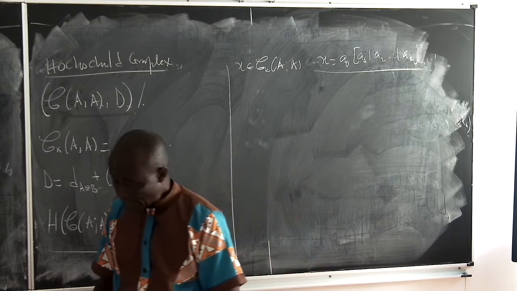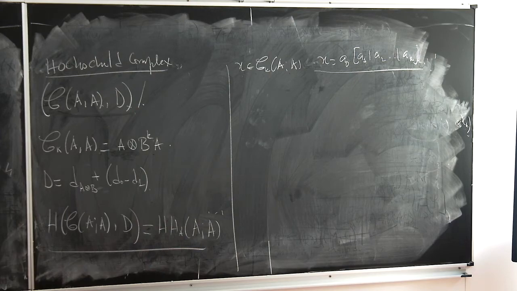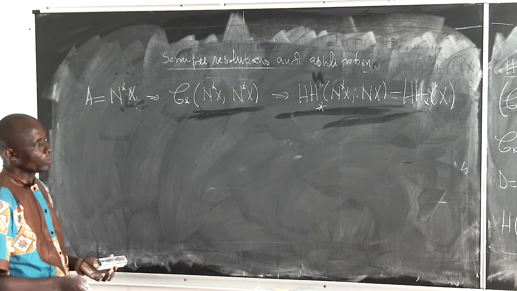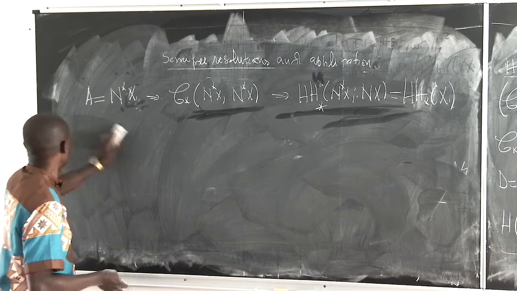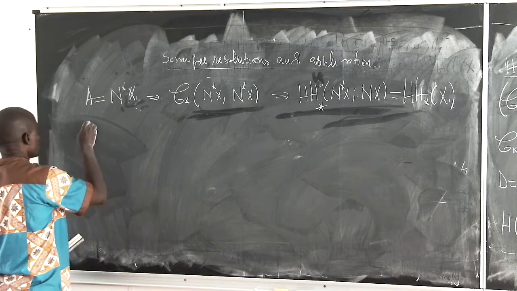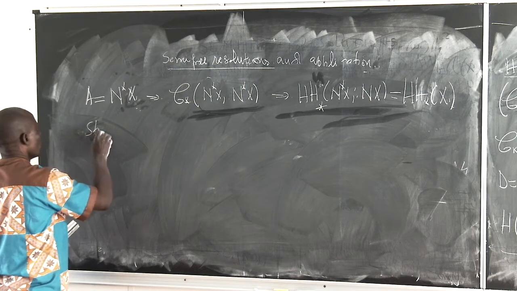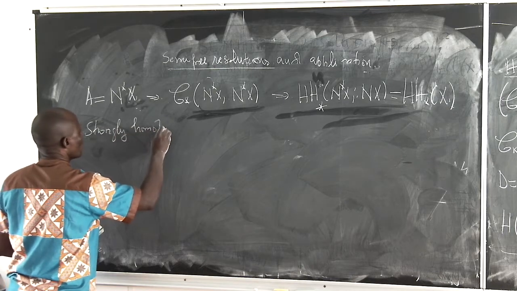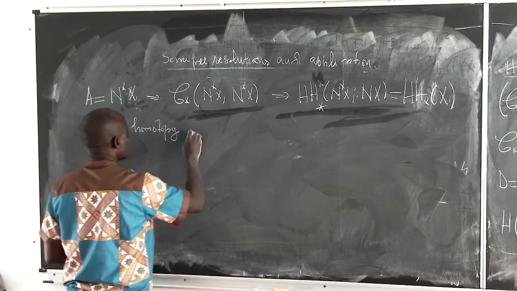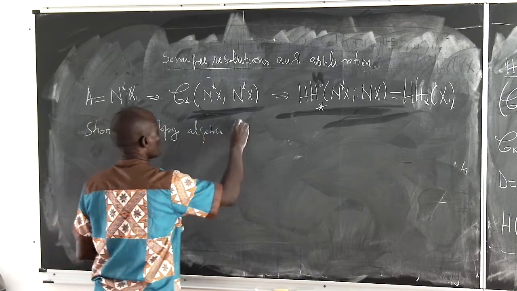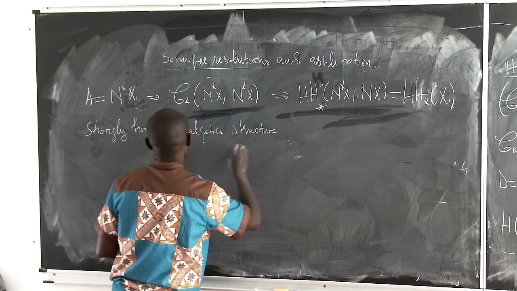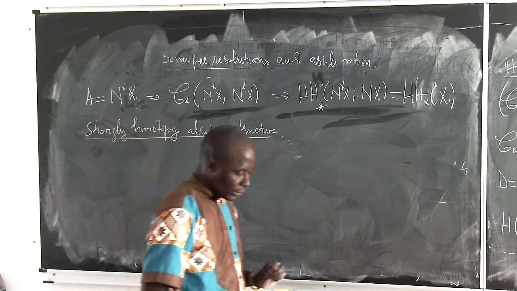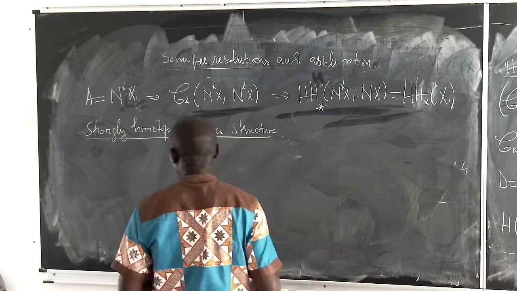To define the algebra structure on the Hochschild homology, we need the strongly homotopy commutative algebra structure on A. The strongly homotopy algebra structure has been introduced by Moncourt.